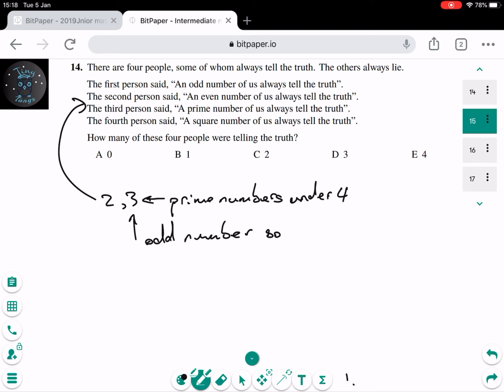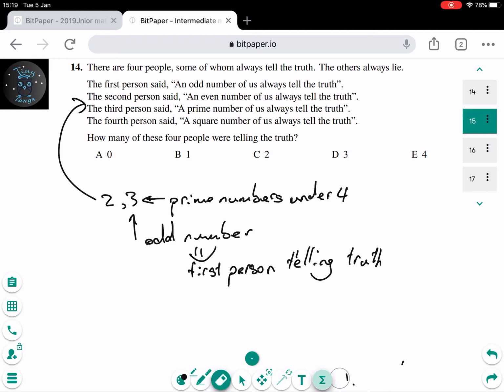So that means the first person must be telling the truth. So that means that there are 2 people telling the truth, and there can't be any more people because even isn't odd, and also 3 isn't a square number.